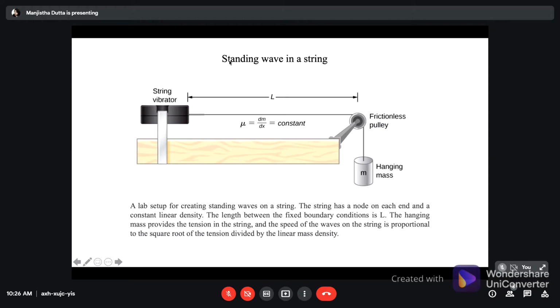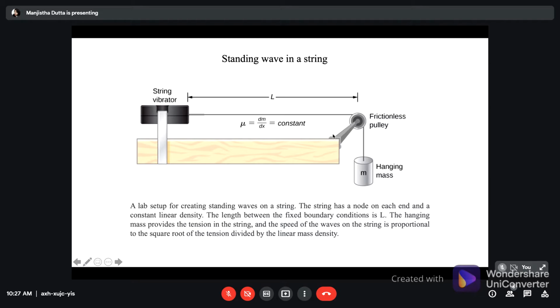You can see over here there is a stretched string, and we have fixed a frictionless pulley at the end, and we have applied a hanging mass over there. This hanging mass provides the tension in the string, so this string is stretched now.